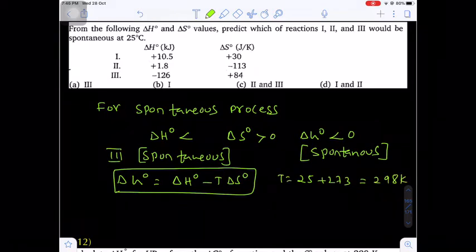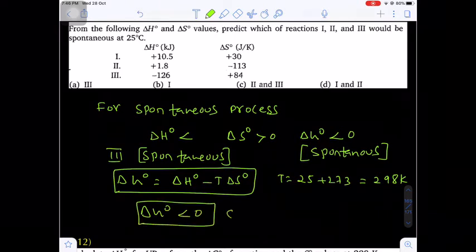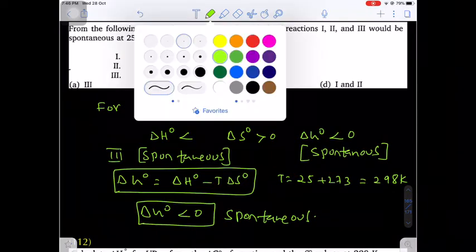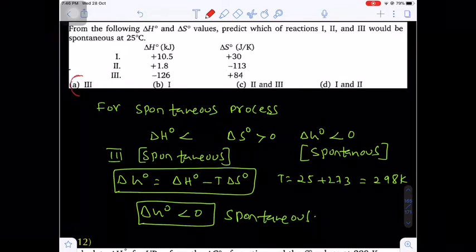By replacing the temperature value, delta H naught value and delta S naught value in equations 1, 2, 3, if the delta G naught value is less than 0, then only the process will be spontaneous. Then only the process will be what? Spontaneous. So according to this, reaction number 3, that is option number 1, that is the first option, option A will be the correct answer.